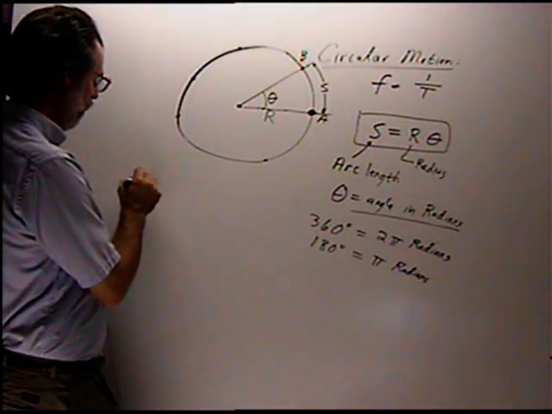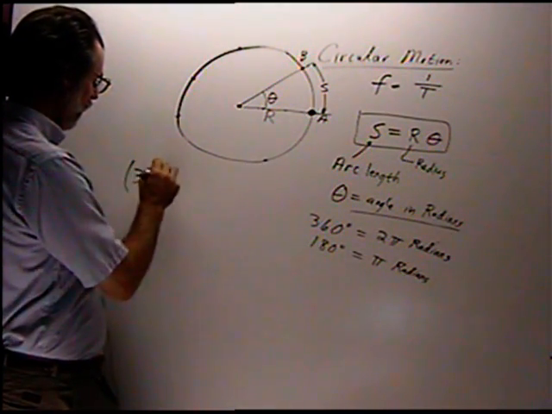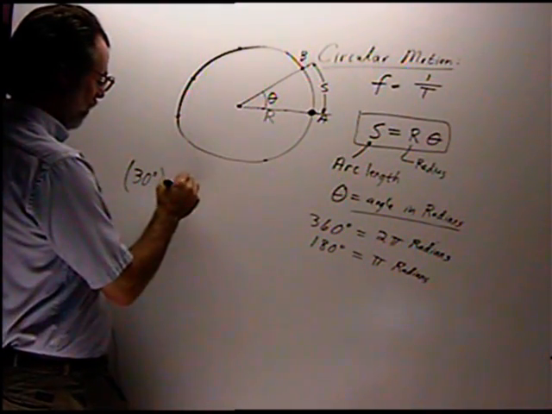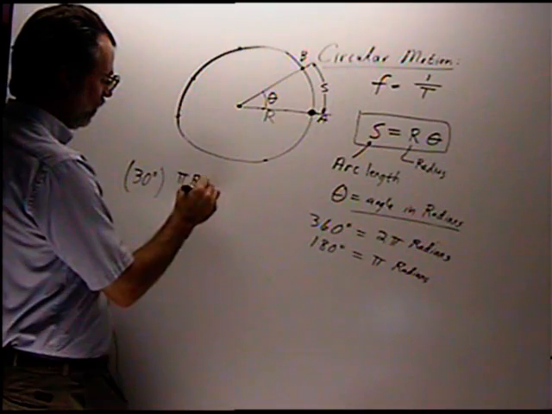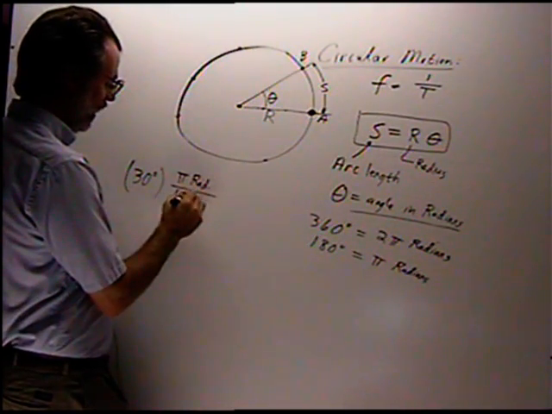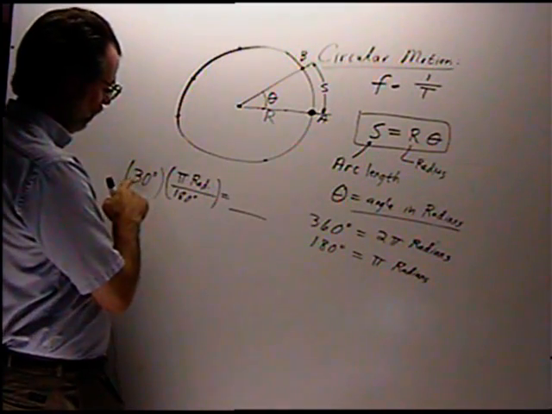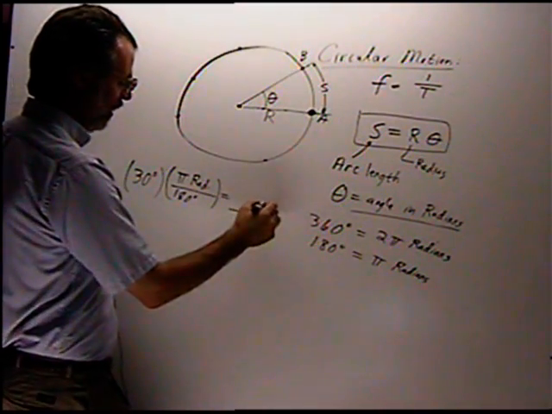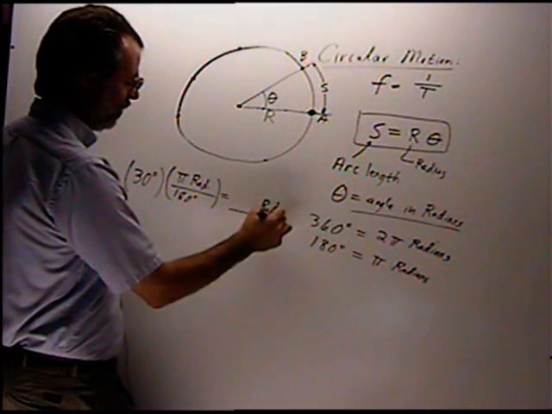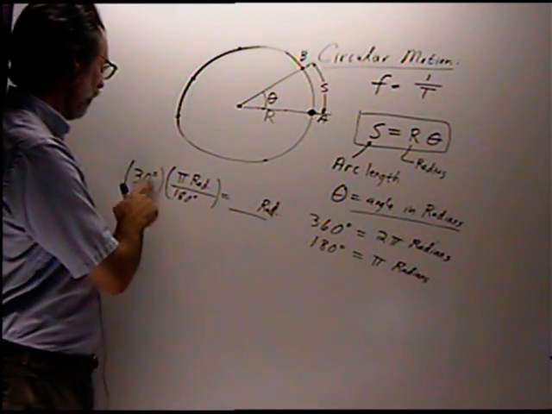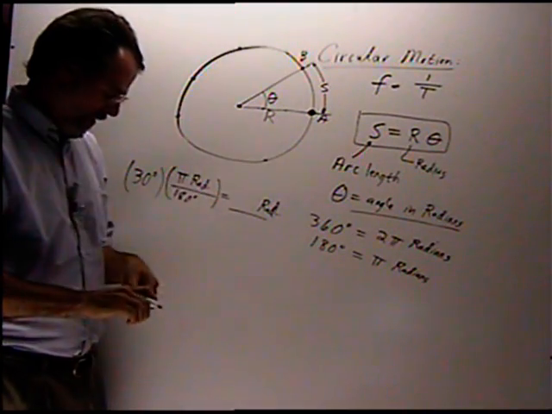And so if I have 30 degrees, in order to convert 30 degrees to radians, I multiply by pi radians divided by 180 degrees. I simply multiply this out, and I would get some number of radians. I'm not going to do it, but this is how I would convert from degrees to radians.